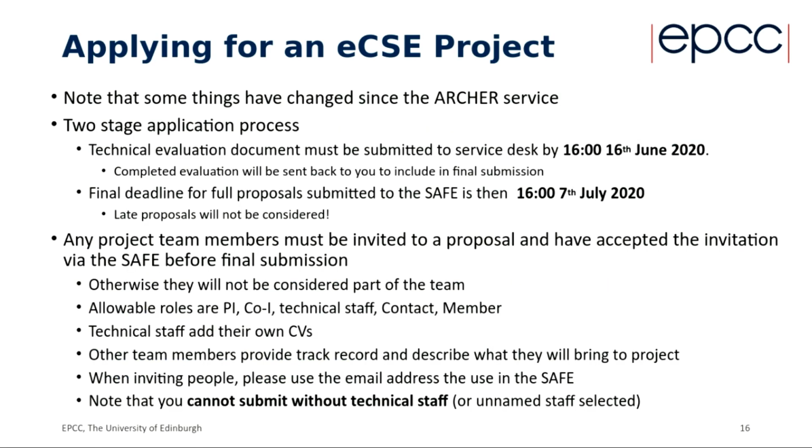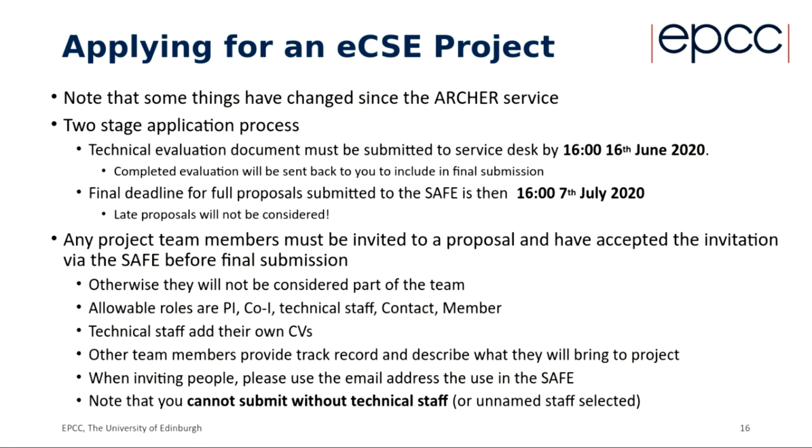So for those of you who've applied for an eCSE under ARCHER previously, it's important to note that there have been a few changes. These are important to note anyway, even if you're new to the process, because you need to know about them for applying anyway. So we now have a two-stage application process.